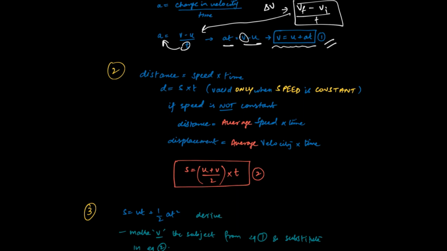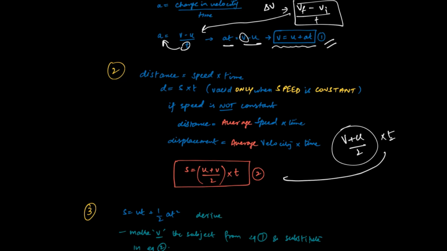So distance equals average speed into time taken, or displacement equals average velocity into the time taken. And we already know that the average is the final velocity plus the initial velocity divided by 2. So this gives us the average into the time taken.